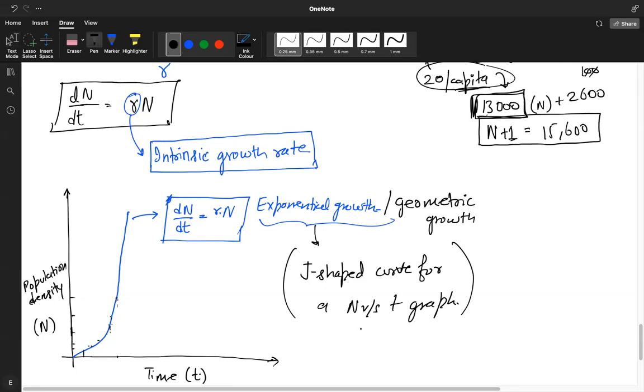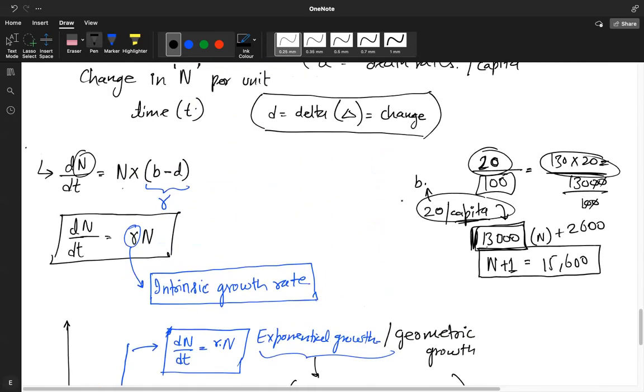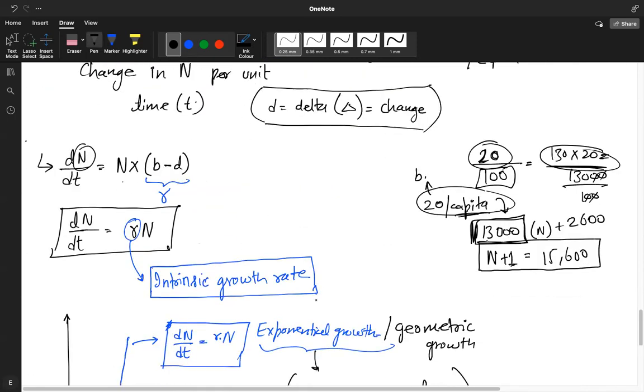Yes, sir. And for Atif, who has maths, you must know basic calculus. So this kind of dN by dt is equal to rN. Here N is the initial population.